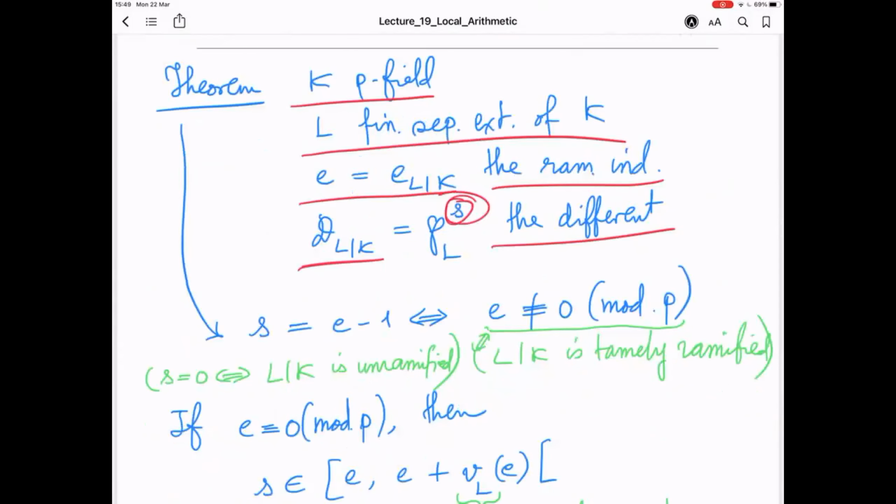That's the different. And the theorem says that the exponent of the different, S, maybe it should be called S_L/K if you want to mention which fields we are talking about. In any case, we'll just call it S in this theorem. It is equal to e minus 1 if and only if this e is prime to p.